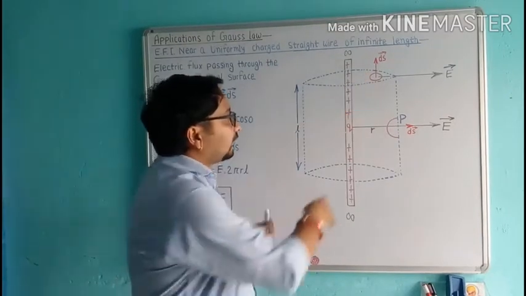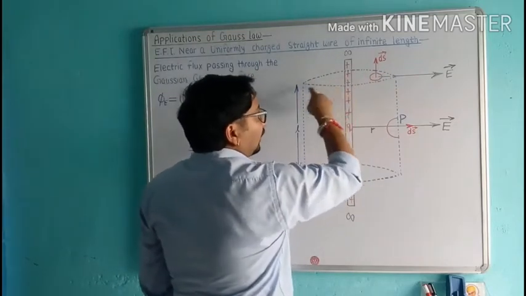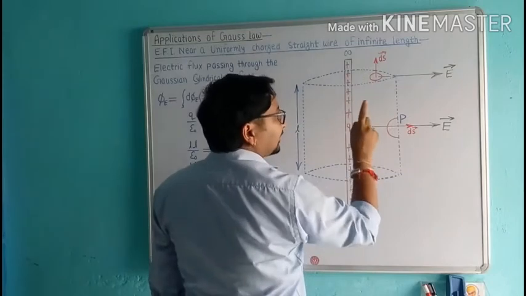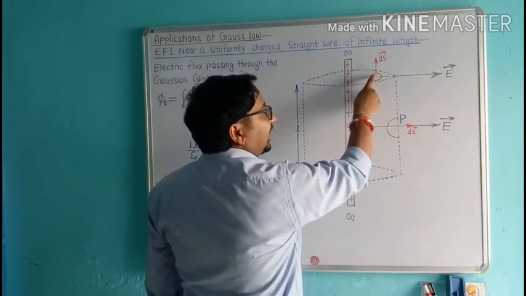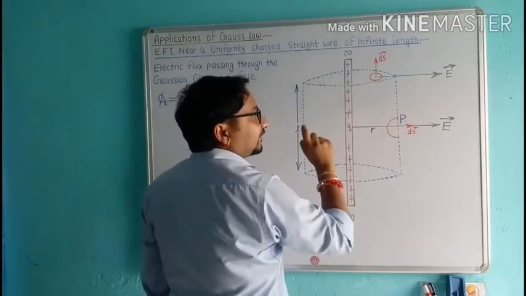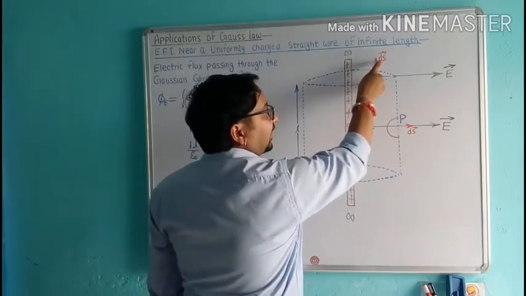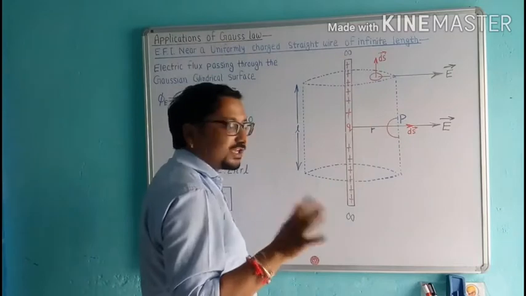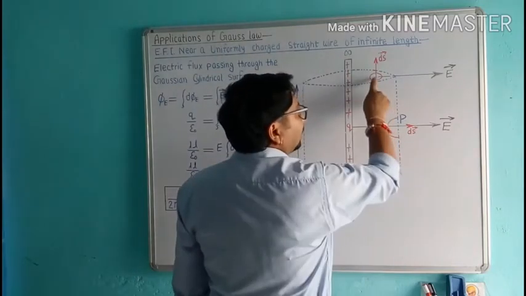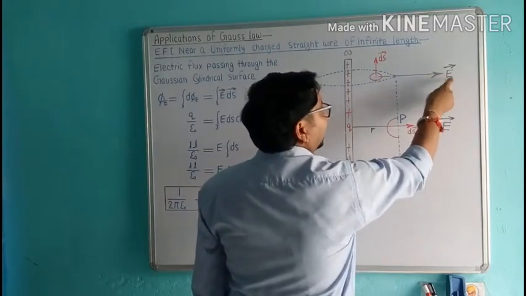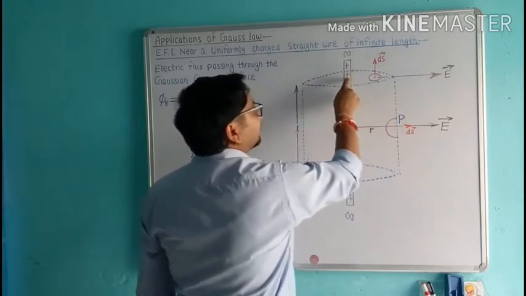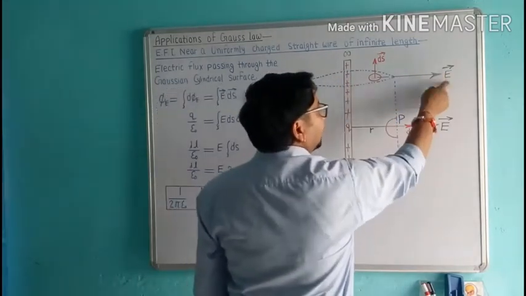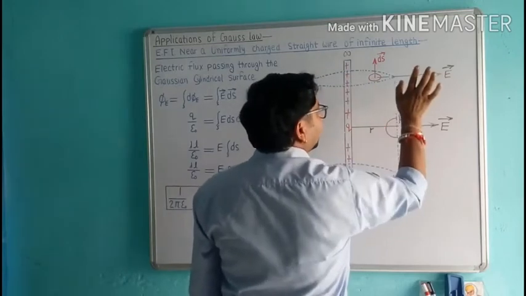For the cross-sectional area, at first consider an area element ds which is represented by an area vector, that is ds vector, drawn outward to the surface, and the direction of the electric field is away from the straight wire, directed outward.